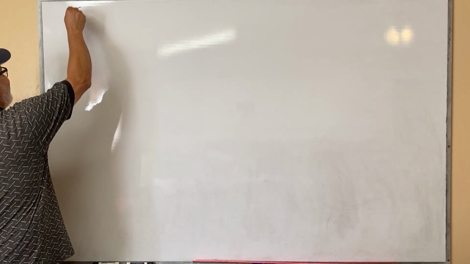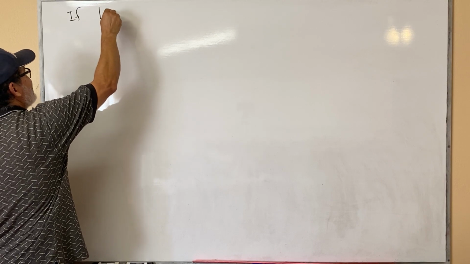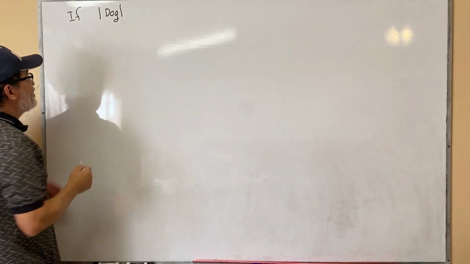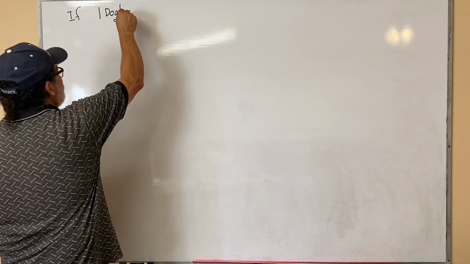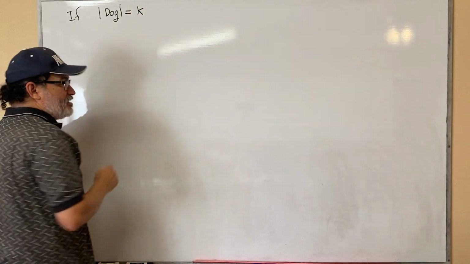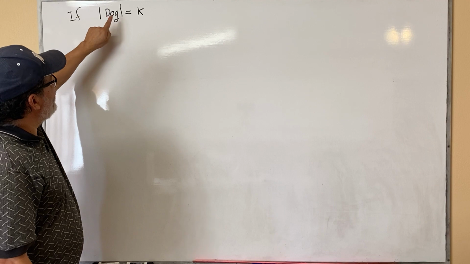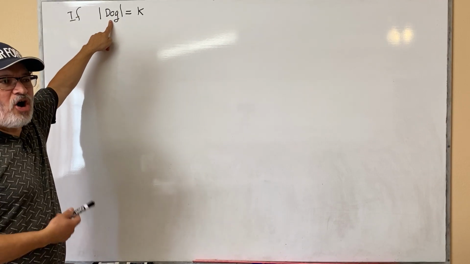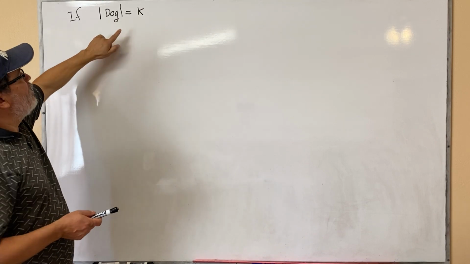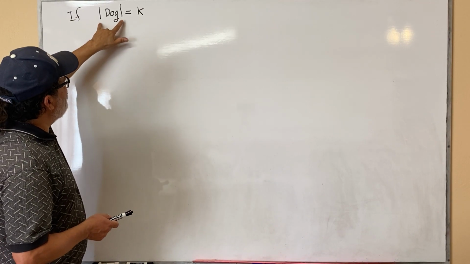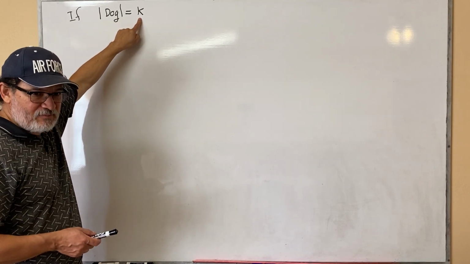If the absolute value with a dog inside, that's the absolute value with a dog inside, equals a constant. If you have an absolute value with a dog, which could be a mathematical expression, equals a number, a constant.